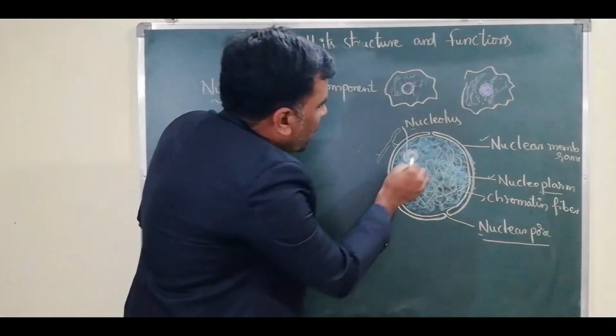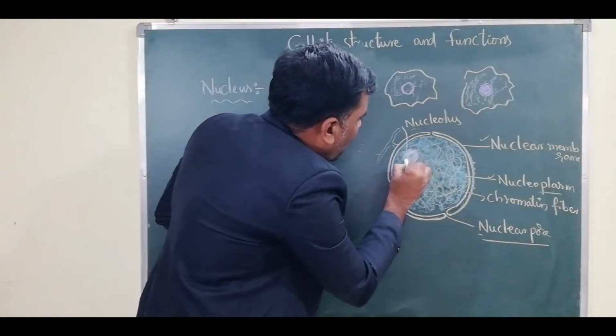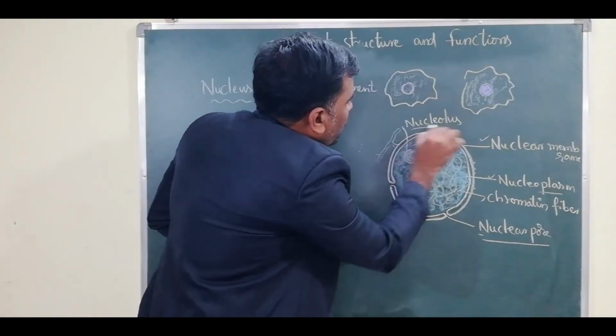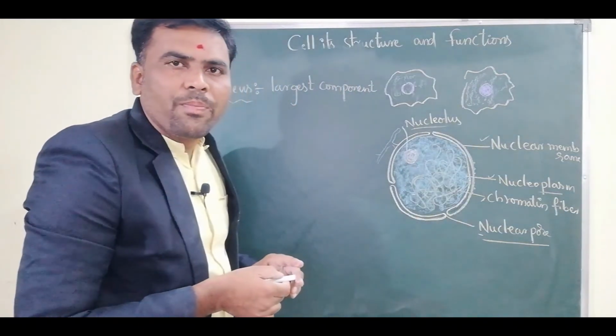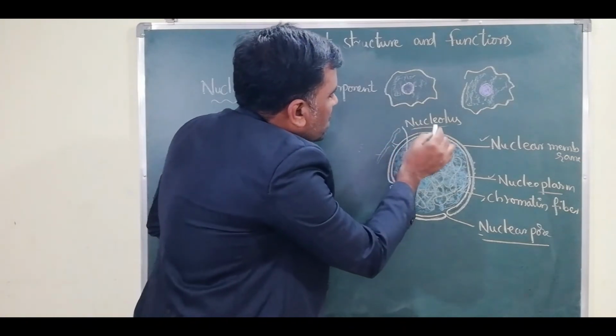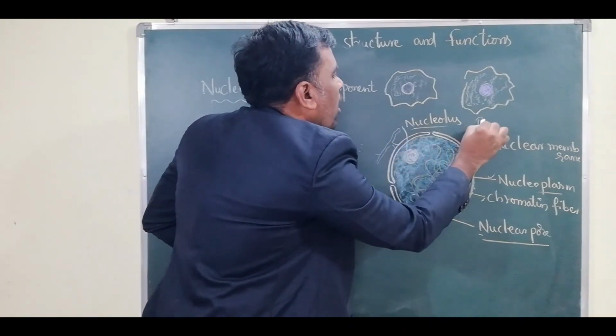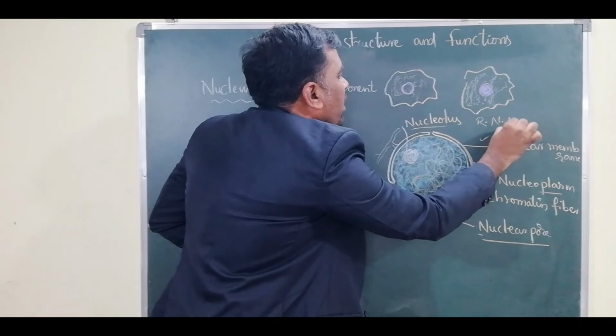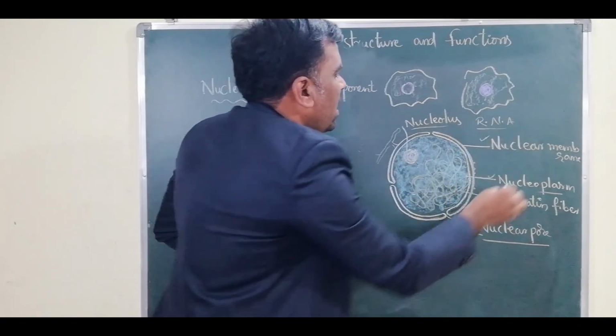Next, we can find a round, oval-shaped structure called the nucleolus. One or two nucleoli are present in the nucleus. The nucleolus is made up of RNA, which stands for ribonucleic acid, and proteins.